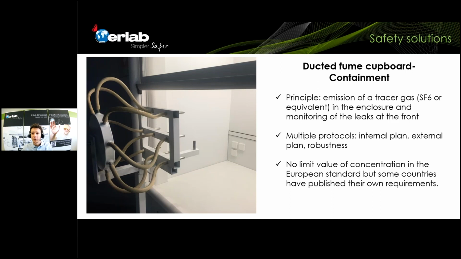It's released in the enclosure, and we will check, or we will control, what the amount of that chemical is that is still coming free in front, so in the opening of the front of the fume hood. So that's something we're going to test in order to assure a good containment. So there are multiple protocols. There is an internal plan, external plan, in order to test this.